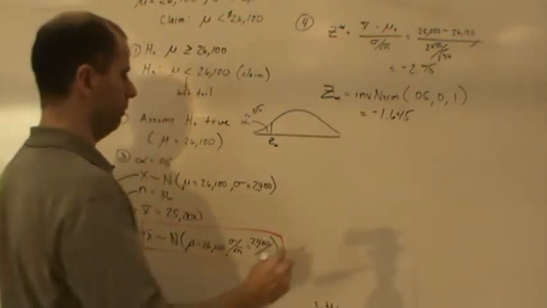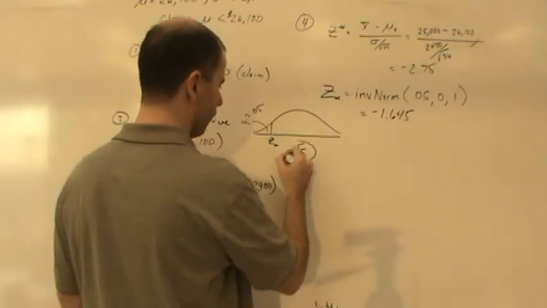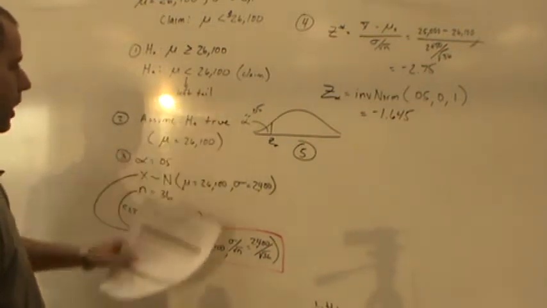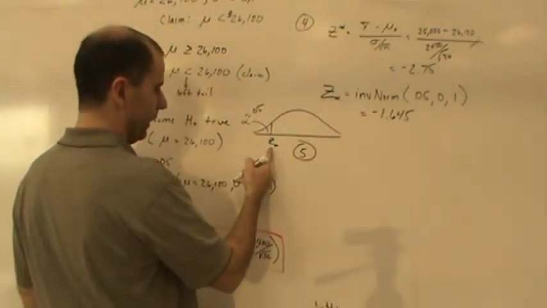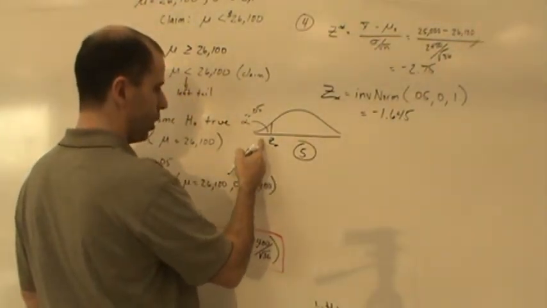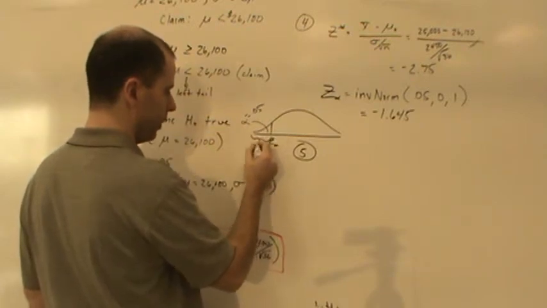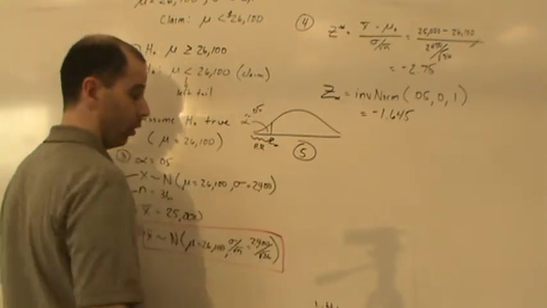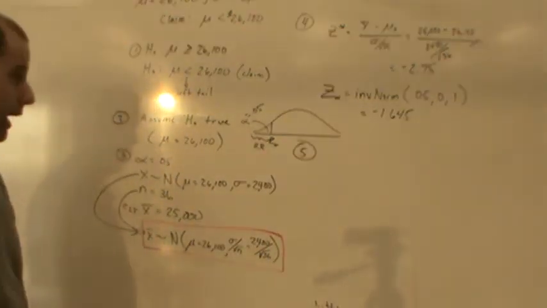Now, the comparison. Since it's a left-tailed test, we're going to reject if our test statistic falls within the rejection region. In other words, if it's less than or equal to our critical value.